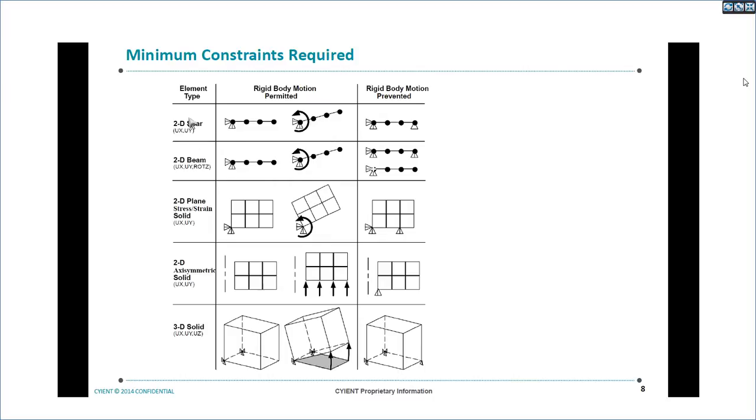For example, in this 2D spar problem, when you constrain the model at this location and try to rotate it, rotation is prevented. Rigid body motion is prevented for this type of thing.